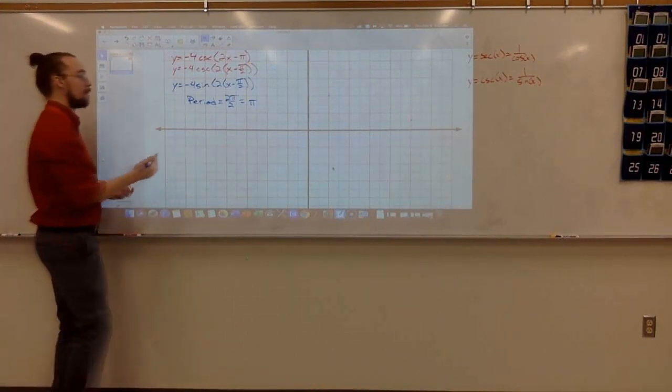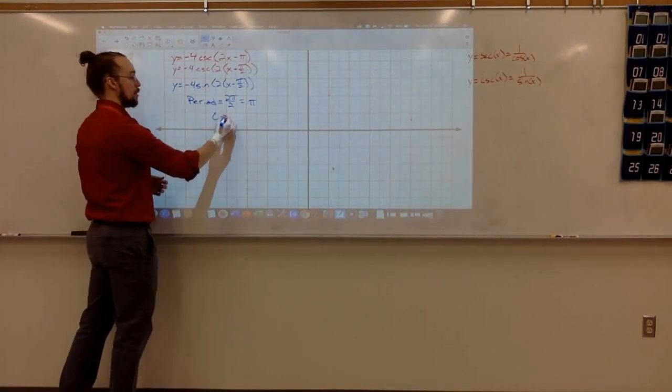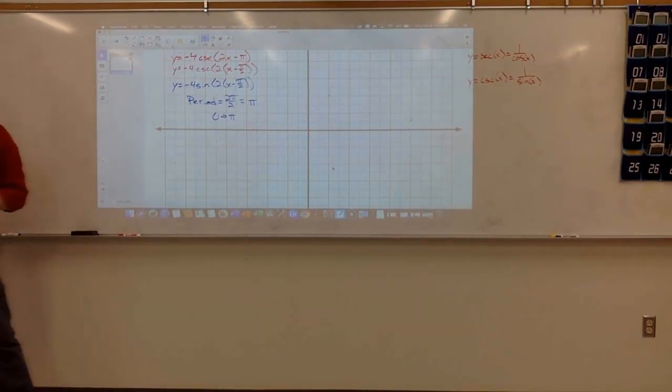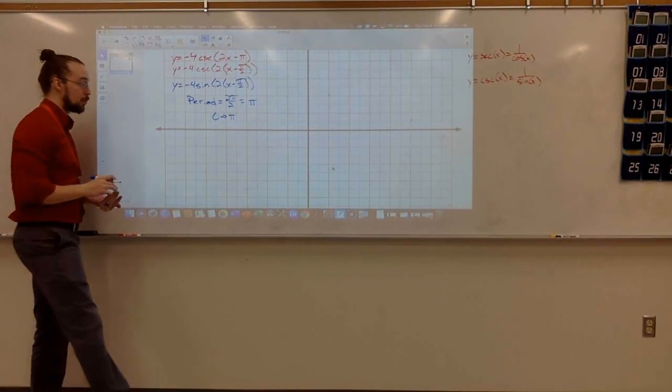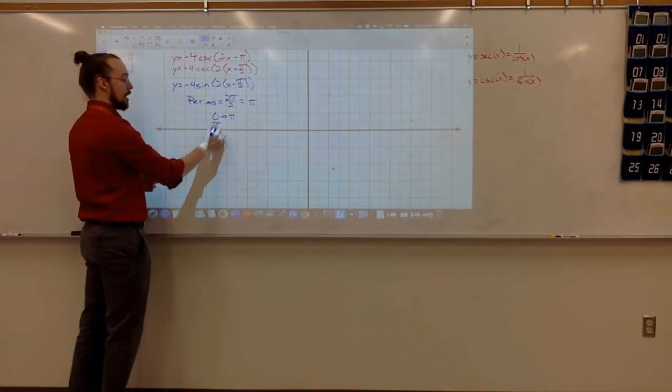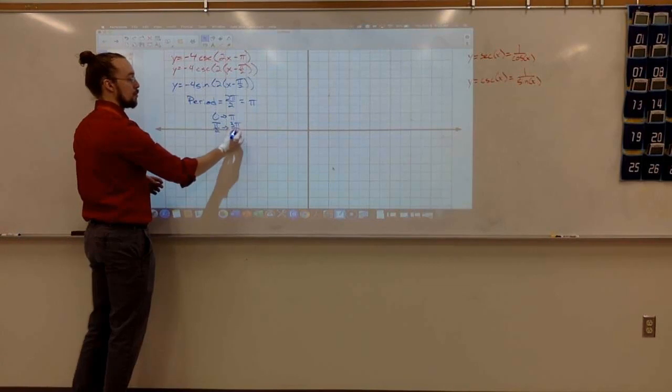Normally that would be 0 to pi, but I'm shifting to the right pi over 2. So I'm going to add pi over 2 to my starting and ending values. So this is going to be pi over 2 to 3 pi over 2.